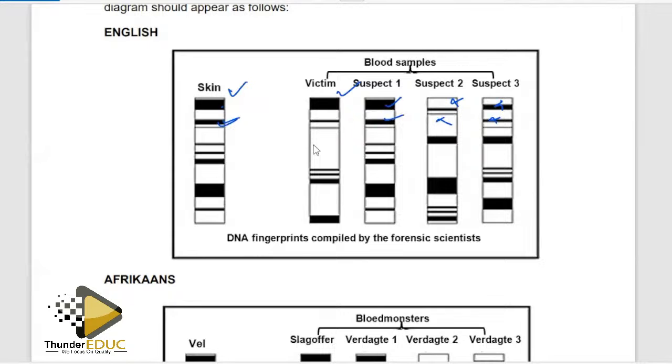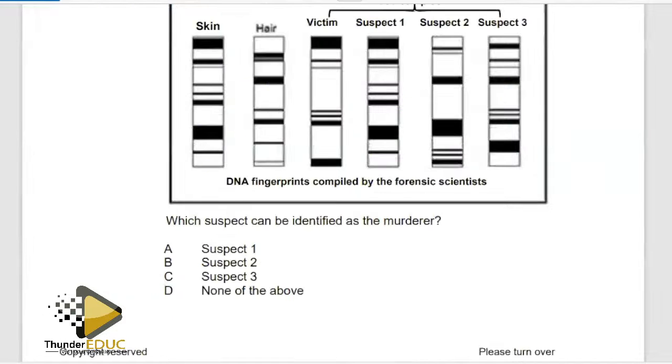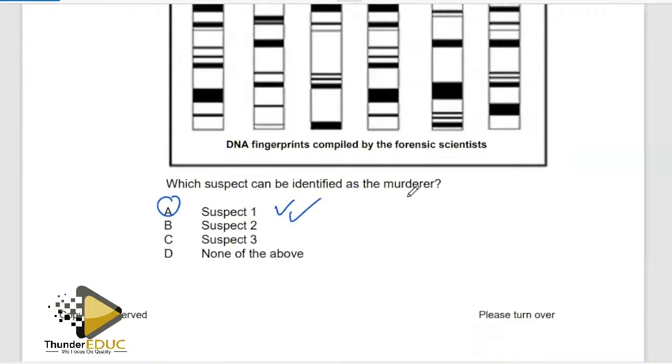This goes with this, and there's nothing here. Then we continue, nothing here. So we see that this one seems to be the one. You see that, yeah. So basically suspect 1 is the most correct answer. So when we come back here, we look at A as the most correct answer. So we get 2 marks there.